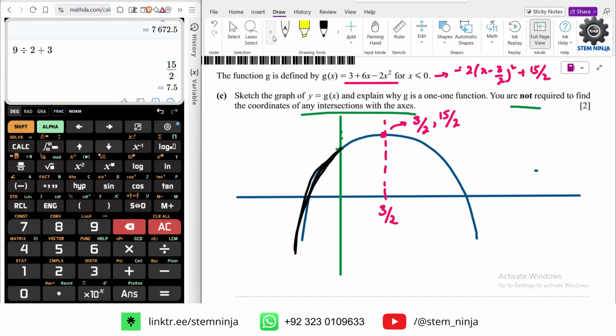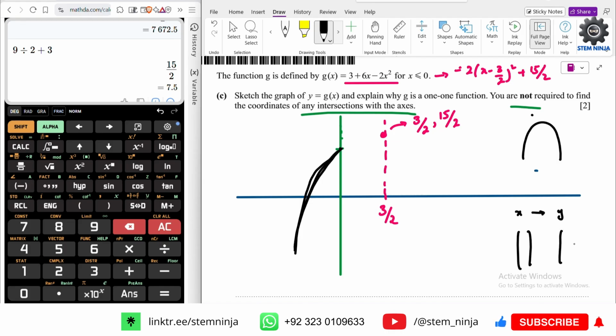So we can cancel out this part. Now there is no turning point in this. The problem is only when you have a turning point. Okay. So one-one function means that for every value of x you have a unique value of y.